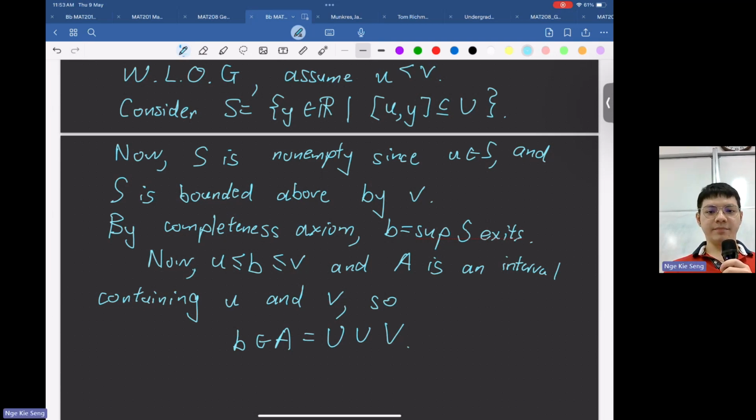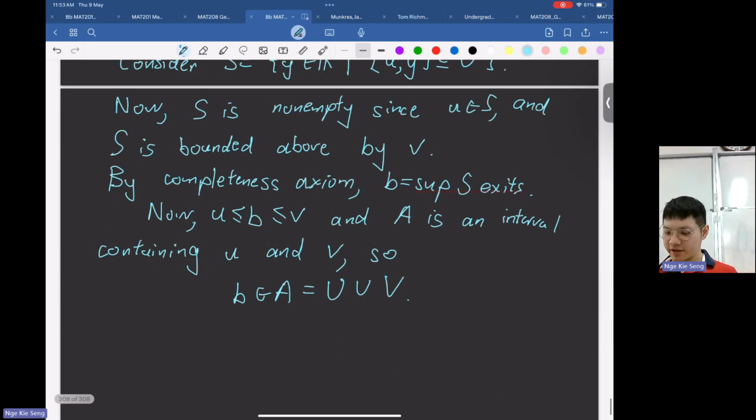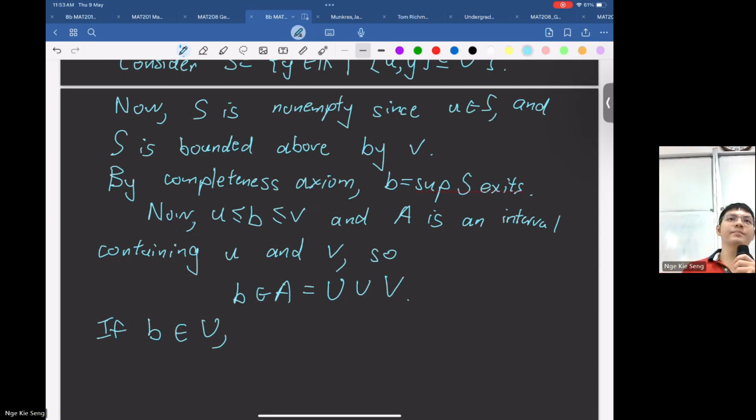So what's next? Contradiction, because these two are disjoint, right? Let's suppose it lives in one first. Suppose b lives in U. What happens?